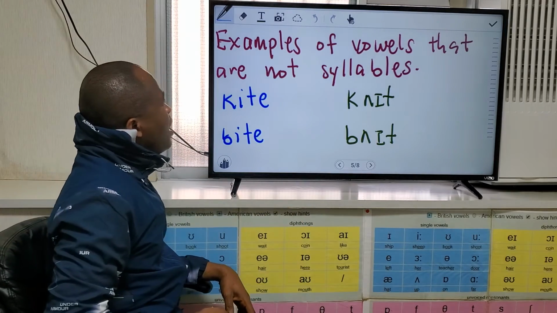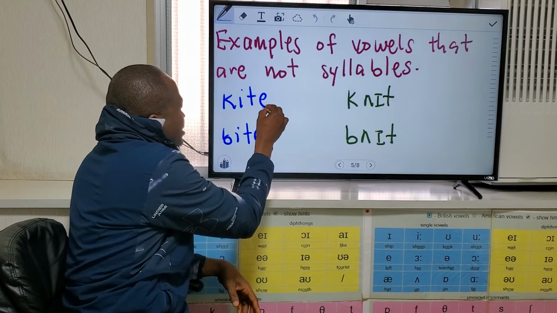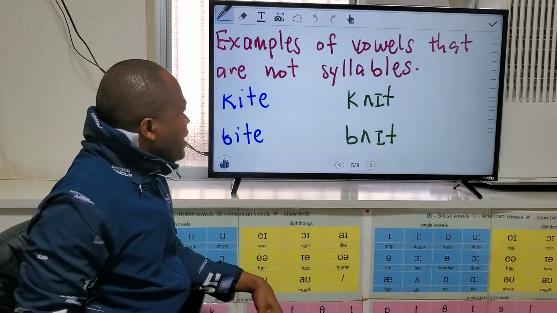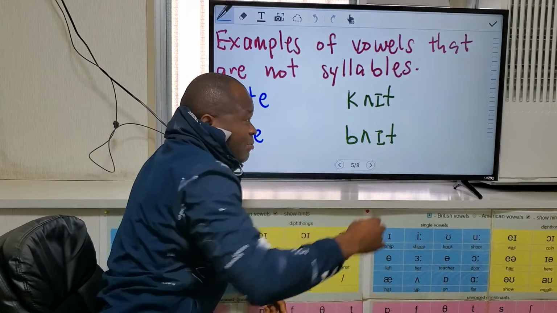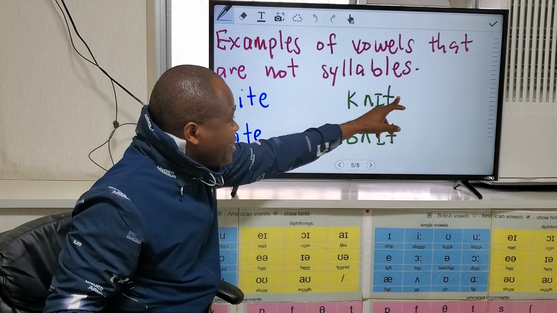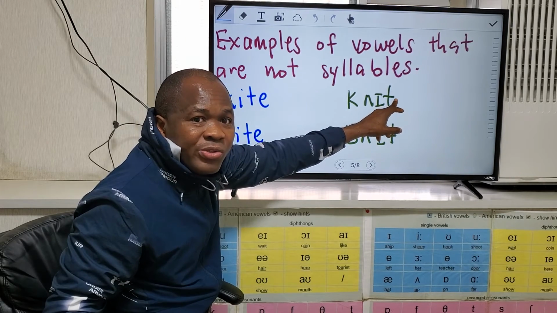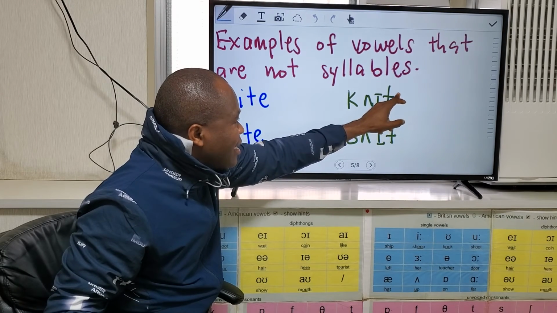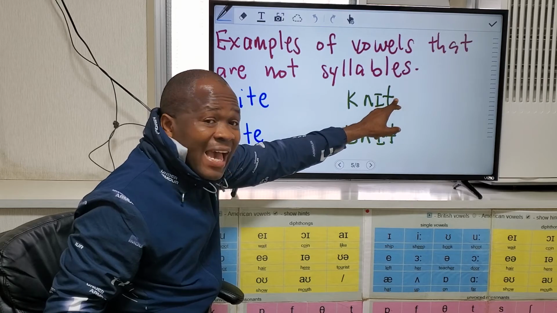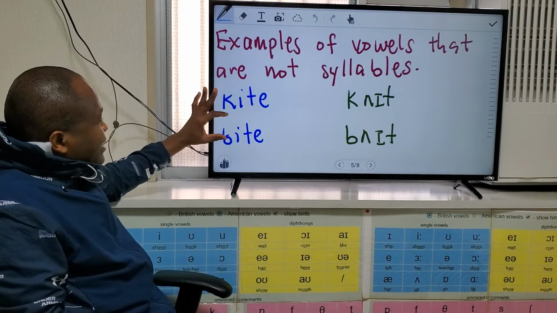Therefore, here, our E is not a syllable. Why? Because when we write the spelling of the sound, we don't see E there. In the spelling of sound, we write down only the active vowels. Here, E is not an active vowel. It is a silent letter. When it comes to bite, it is the same way.